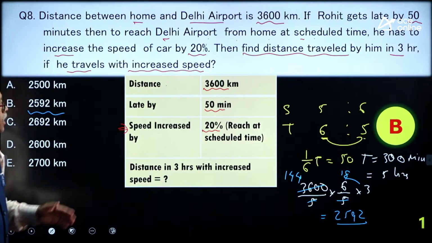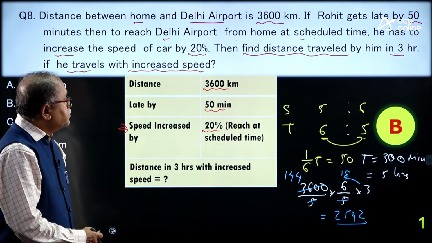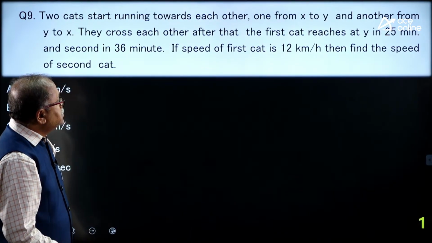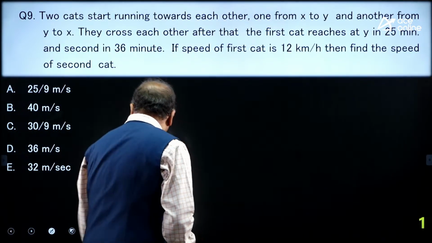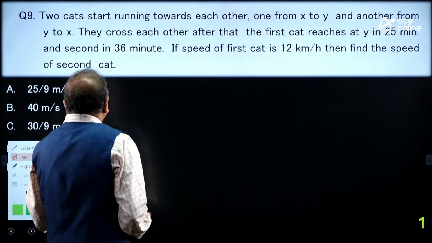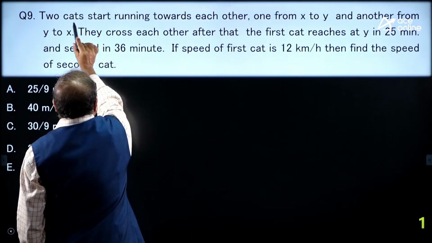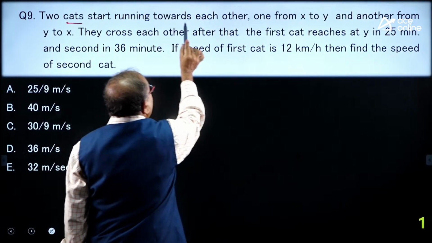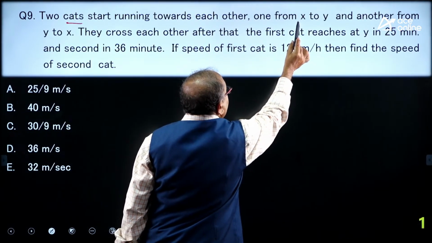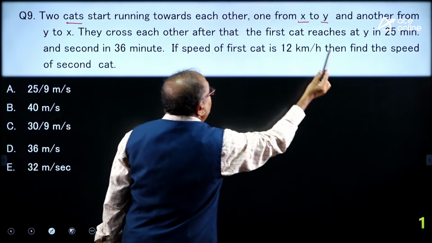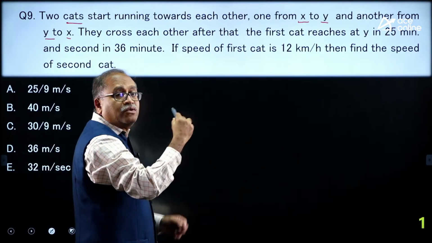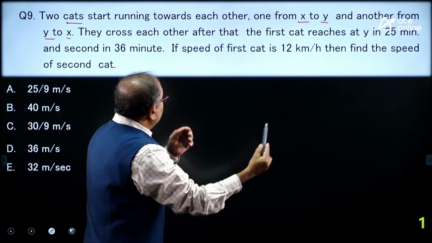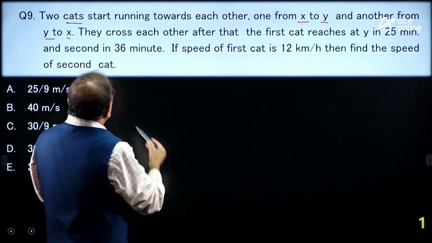Okay. I am moving on to the next question, and which is this. Let us check what is there in this question. Two cats start simultaneously towards each other, one from x to y, and the other from y to x.